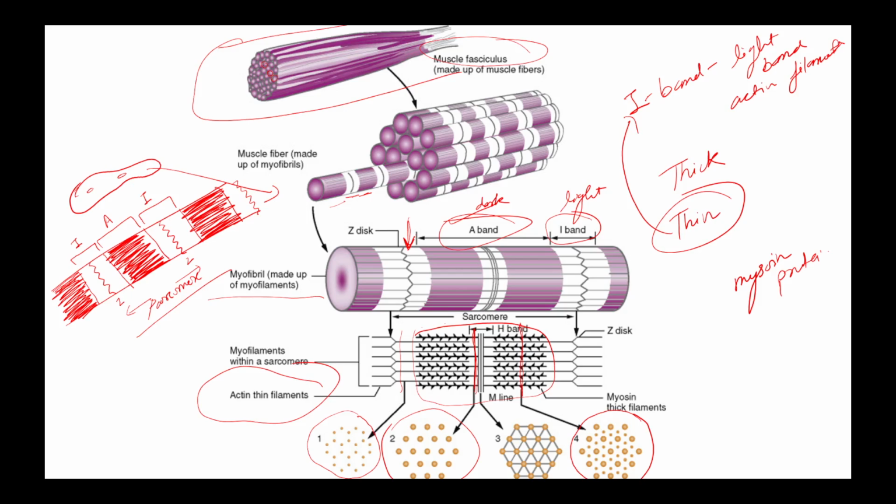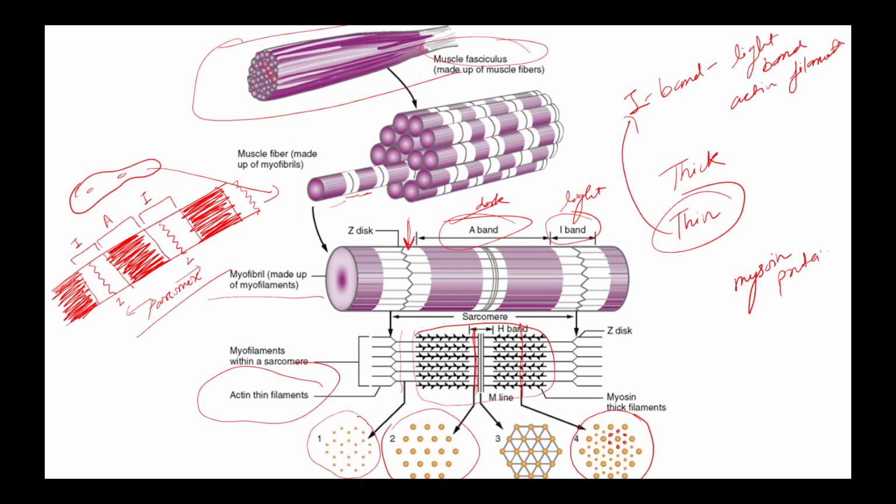The beauty of this particular sectioning is that these small dots, if I just put them red, these red ones are the actin or thin filaments, and the yellow bigger dot is the myosin filament.